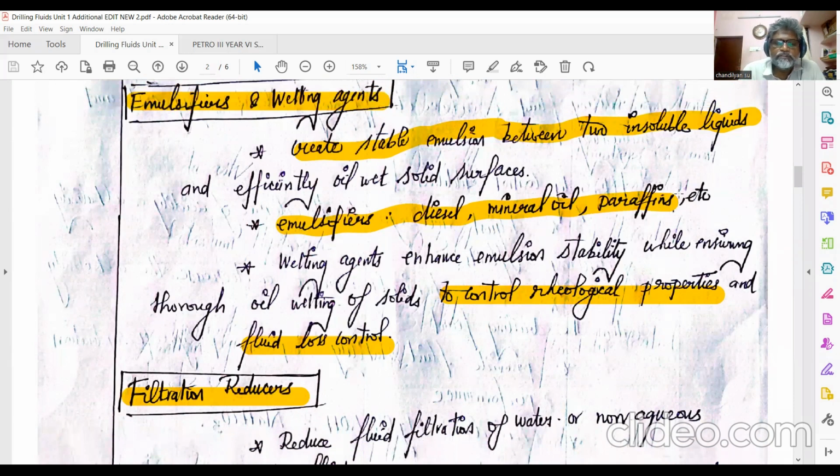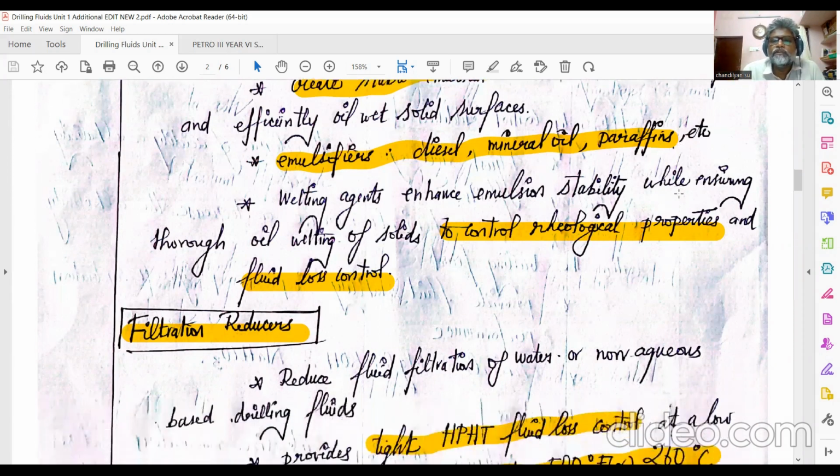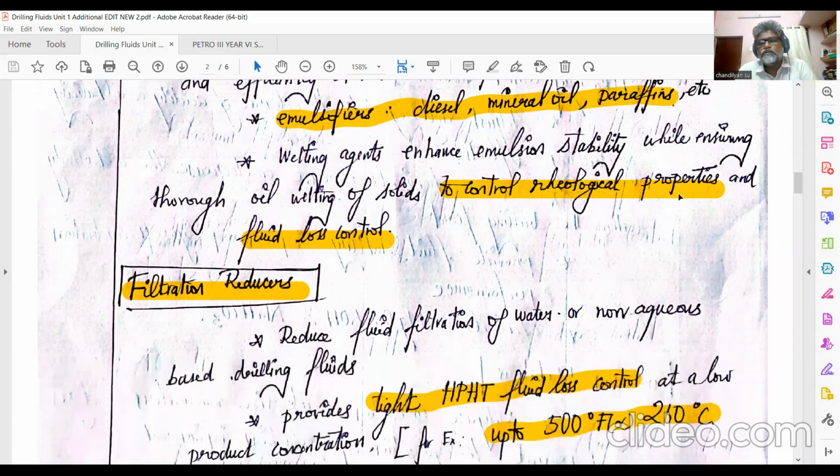That means emulsifiers and wetting agents will also do the job of fluid loss control and take care of the rheology. Rheology is the, what do we say? Science of deformation of an object.